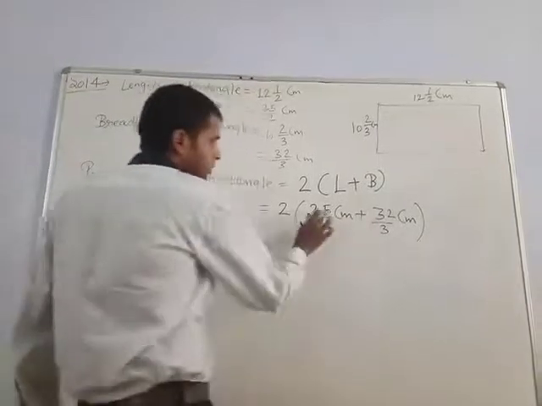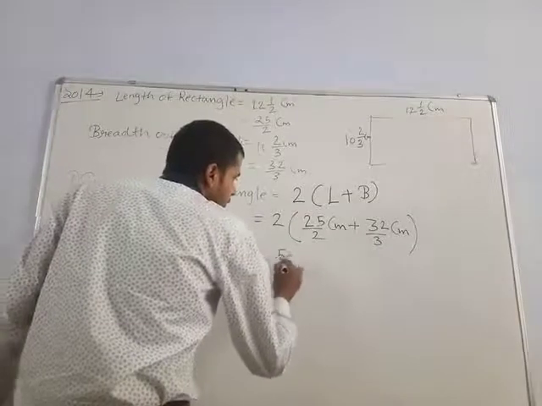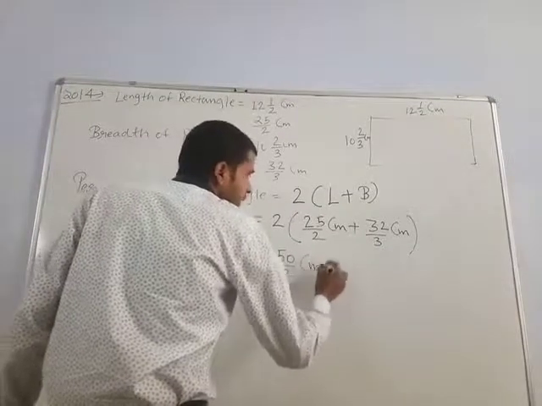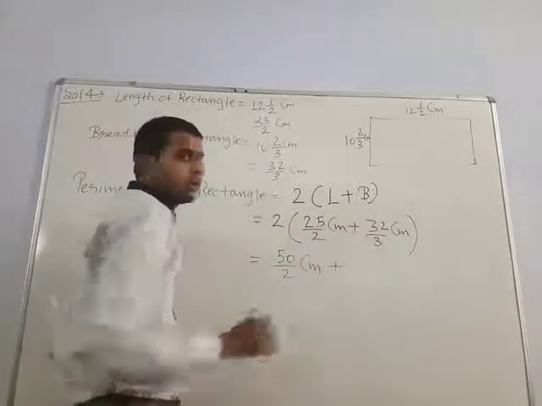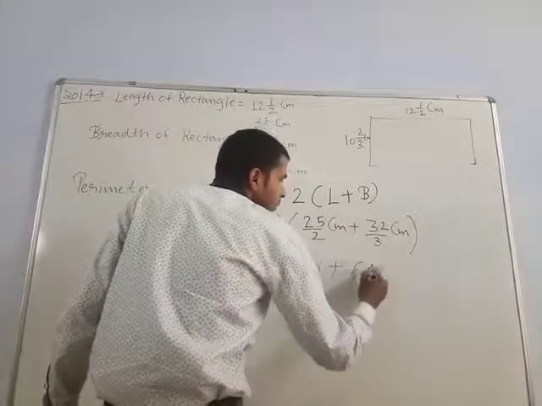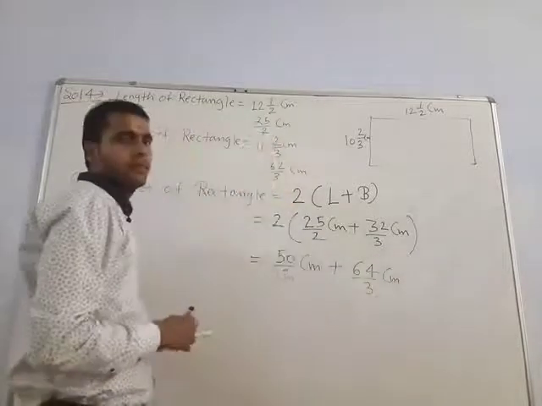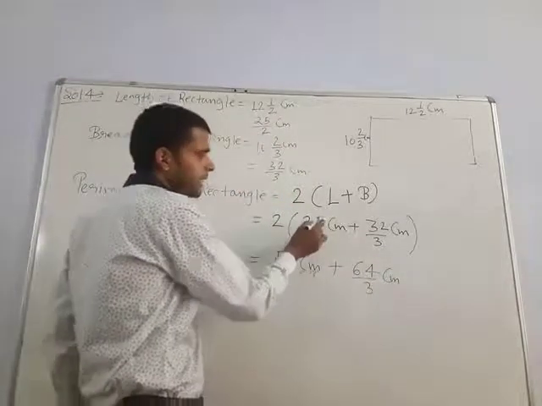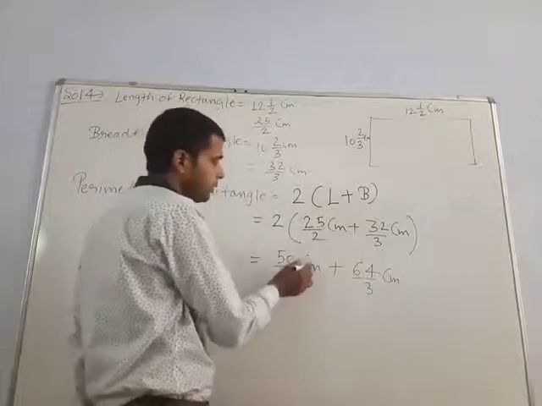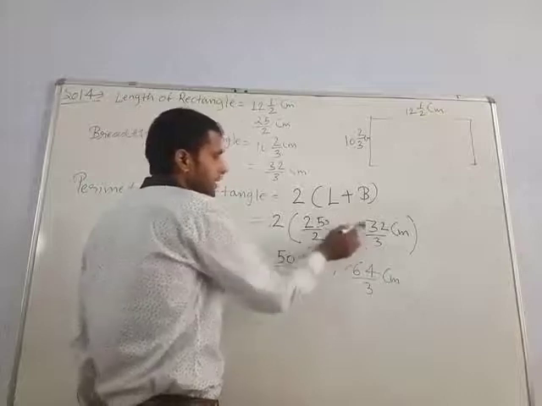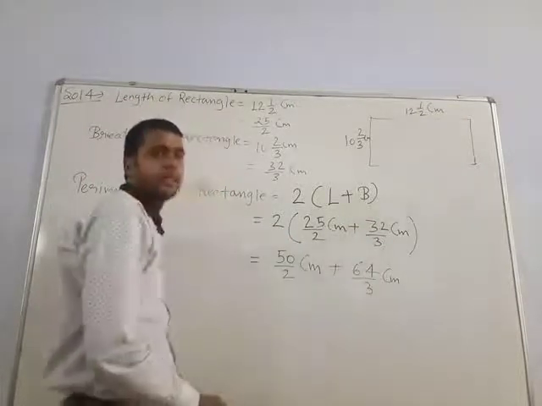So 25 upon 2, 25 into 2 is 50, 50/2 centimeter, plus 2 into 32, 32 into 2 is 64/3 centimeter. 2 multiplied by 25, 25 into 2 is 50/2 centimeter, and 32 multiplied by 2 is 64/3, 64/3 centimeter.